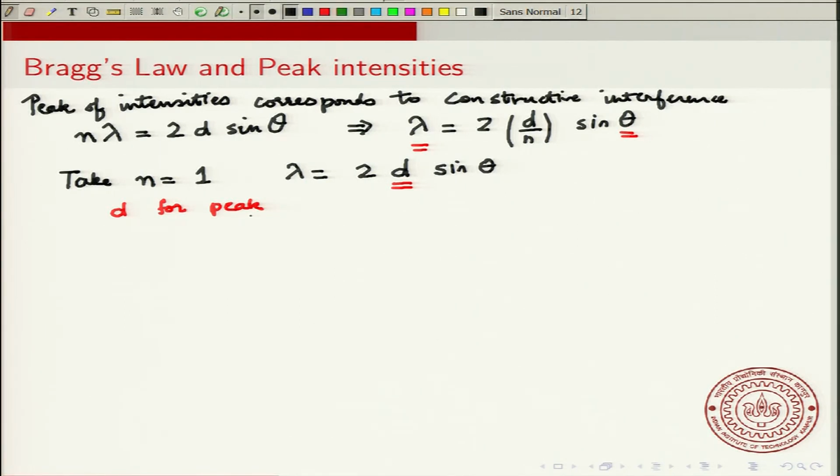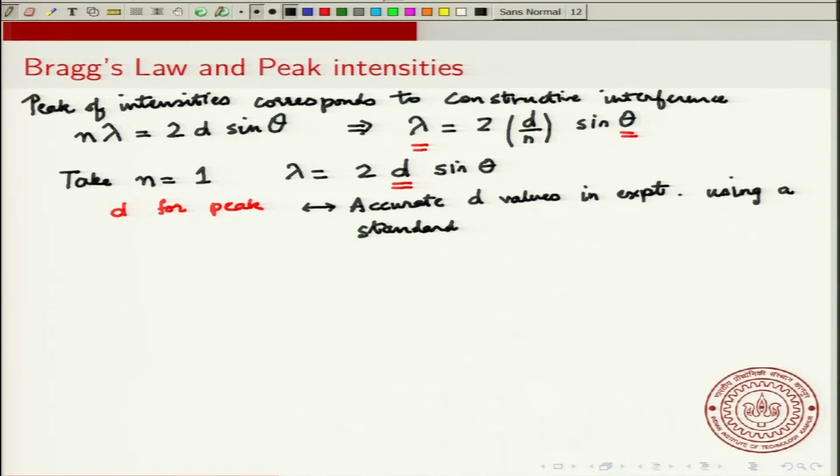In fact, one way to get accurate d values in experiment is that these are obtained using a standard compound.